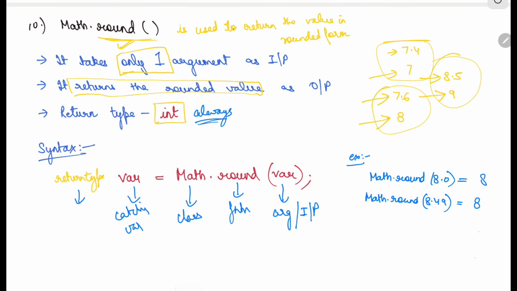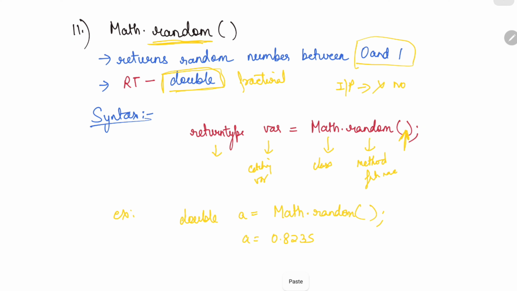So for example, if I have written double a is equals to math.random, अगर आपने ऐसे लिखा, so maybe I am just pretending that maybe a gets the value 0.8235, something like this. Anything, this value can be anything in a range between 0 to 1.